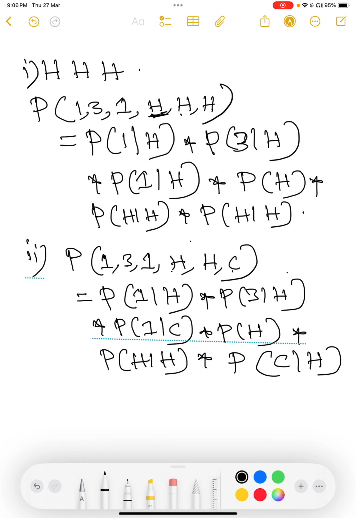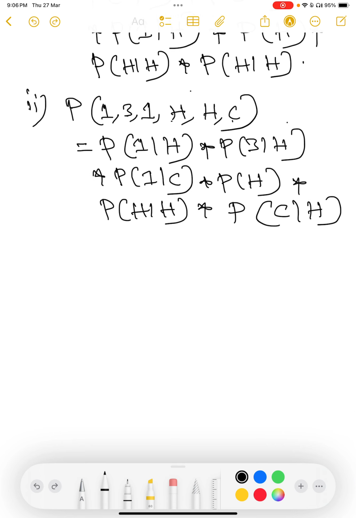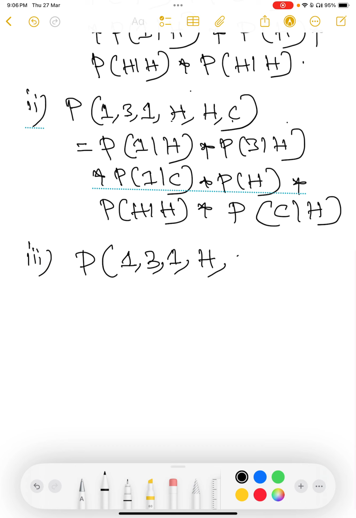So that should be the case. And now what will be the third case? Third case, probability of 1, 3, 1, comma, HCH. So what do we have to give again?